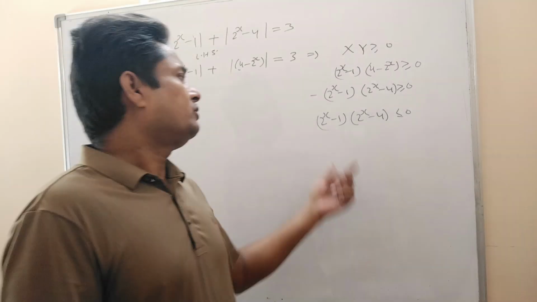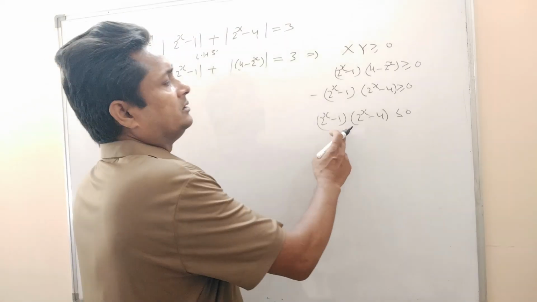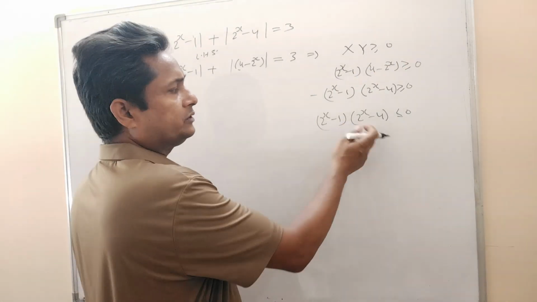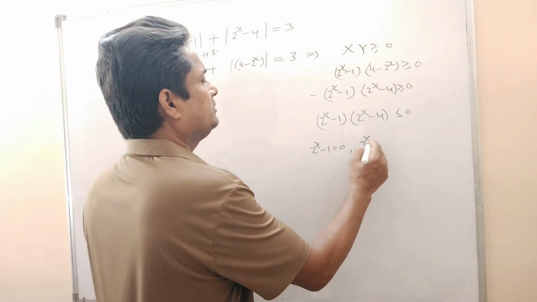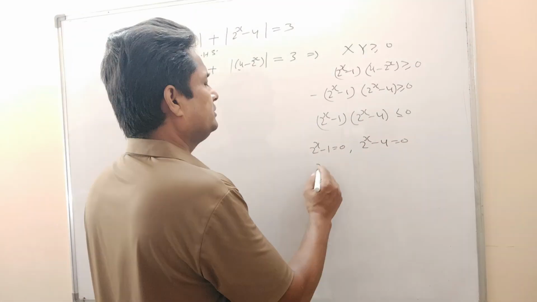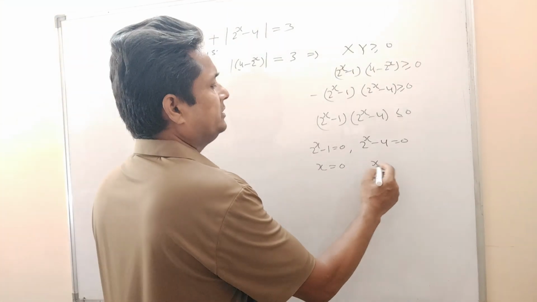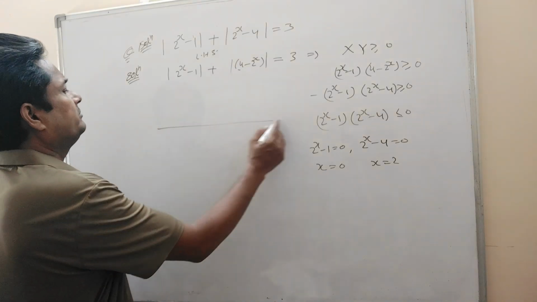Right. So what will be the solution of this one? You can use the Wavy Curve method. First find the roots of this one. 2 to the power x minus 1 is equal to 0 and 2 to the power x minus 4 is equal to 0. That means from here x equals 0, and from here x equals 2. Now mark x equal to 0 and x equal to 2 on the number line.